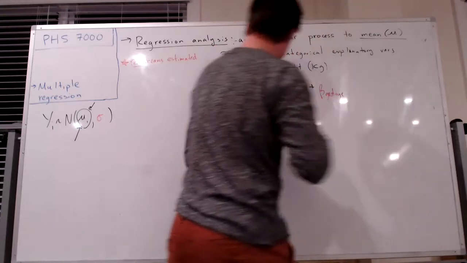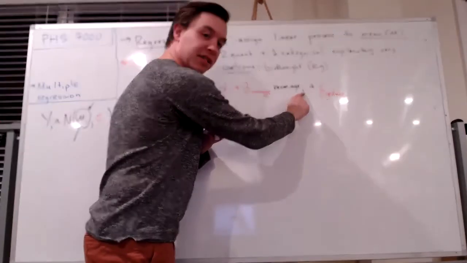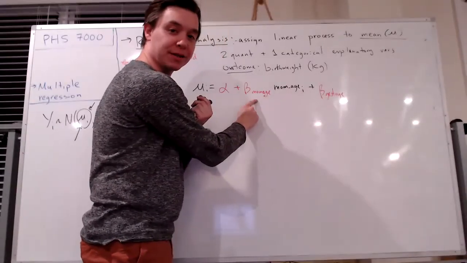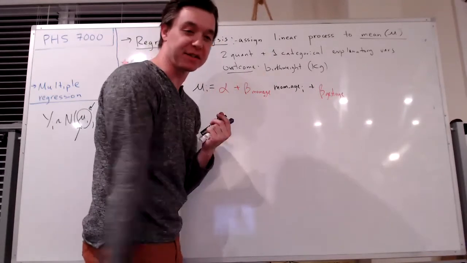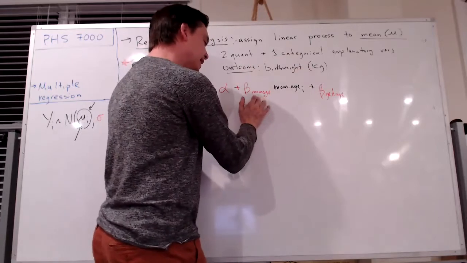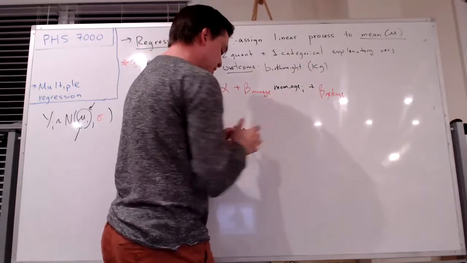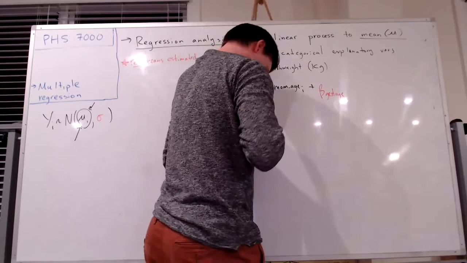As you're writing this out, guys, be careful and don't put the subscript on the coefficient, right? Then you will be estimating as many parameters as you have observations. Right now, we're estimating a single parameter as this mom age is changing.